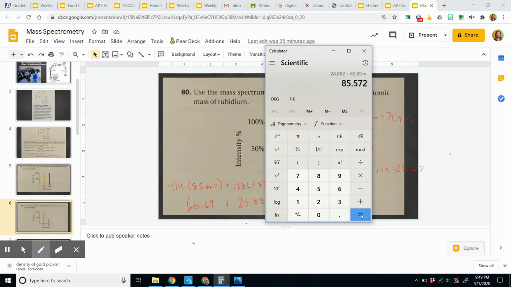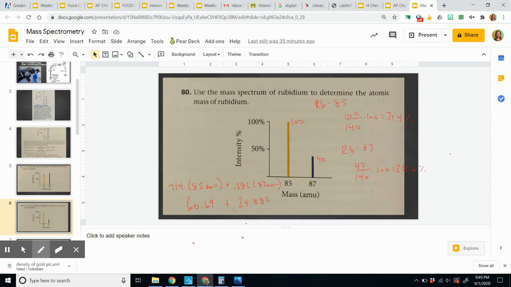There we go. 85.57. So our final answer, 85.57 AMU. That's really ugly. Let's write it over here. 85.57 AMU is our final answer for the average atomic mass.